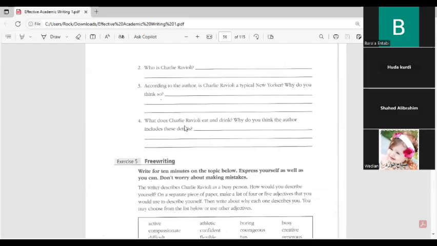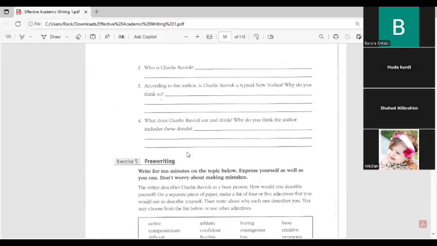What does Charlie Revilio eat and drink? Why do you think the author includes these details? He usually drinks bottled water and eats grilled chicken. To add some descriptions of this person.